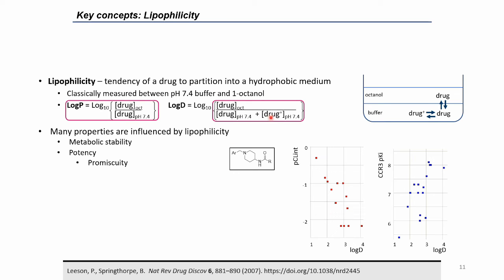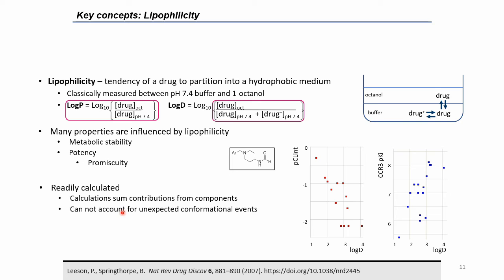If you then add in a calculation for the pKa of any ionizable centers, you can generate a log D as well. You can get effects whereby, for example, conformational changes mean that the fragments that you put together for your calculation don't quite add up.